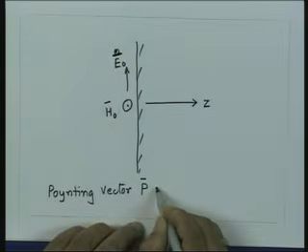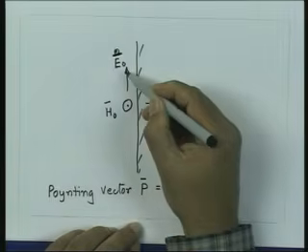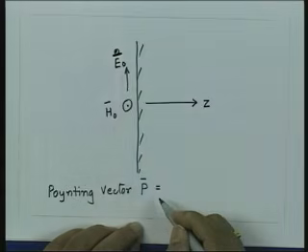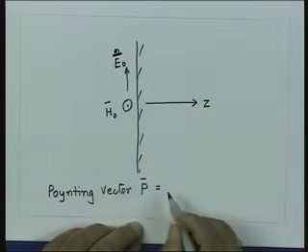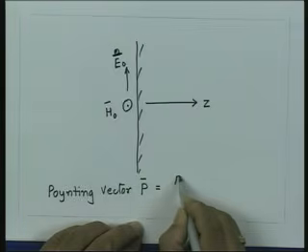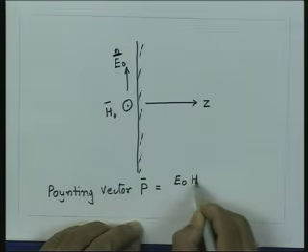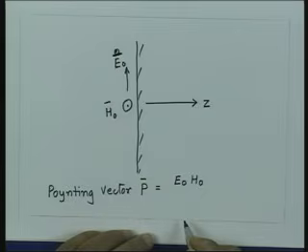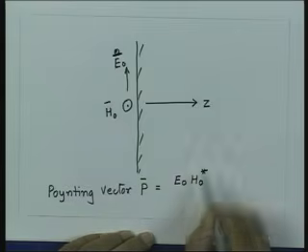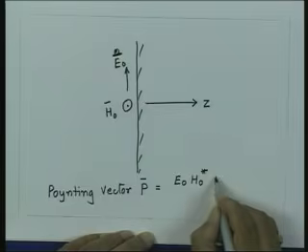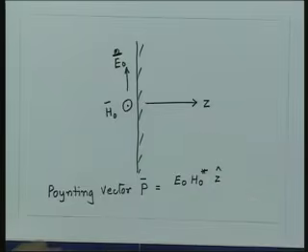the P, if I calculate, that will be E cross H. E and H are perpendicular to each other, and this is in x direction, this is in y direction. So, essentially you get E0 H0 conjugate in the z direction.